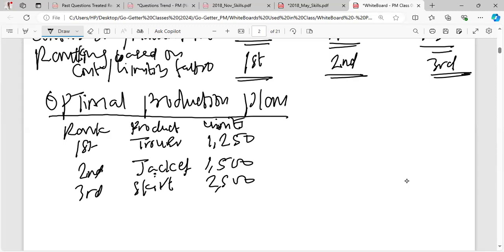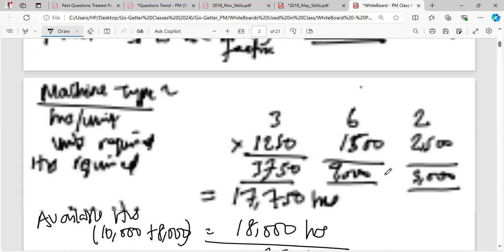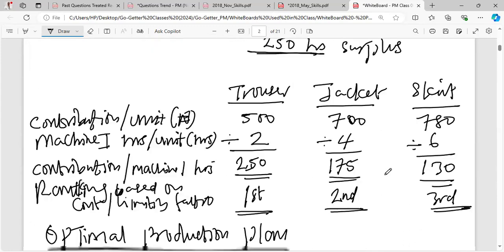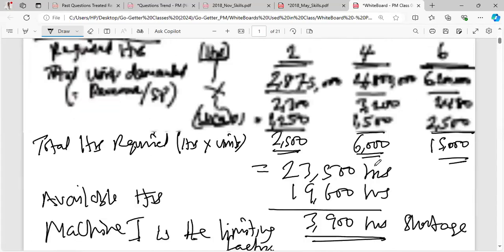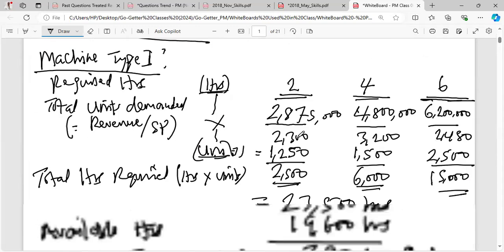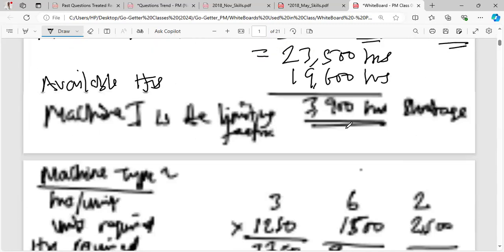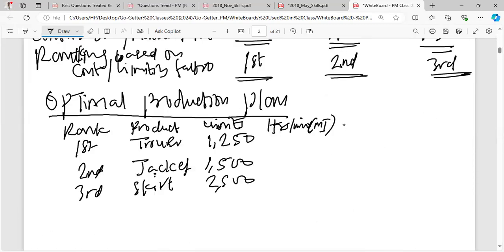Then this is hours per unit. So the hours per limiting factor, that is hours per unit, machine 1. I'll write here 2, 4, and 6.